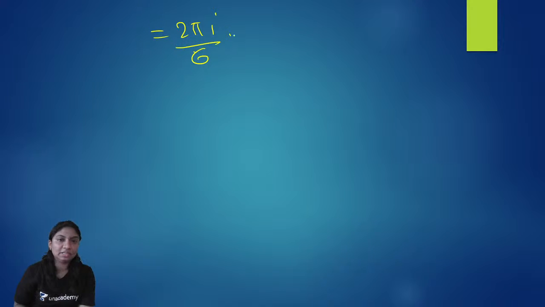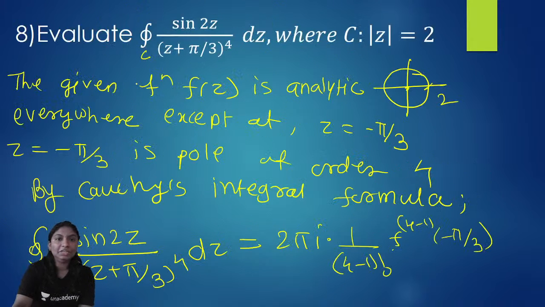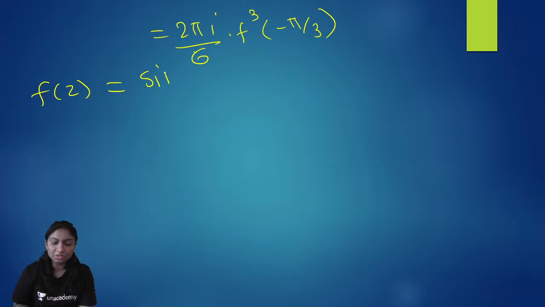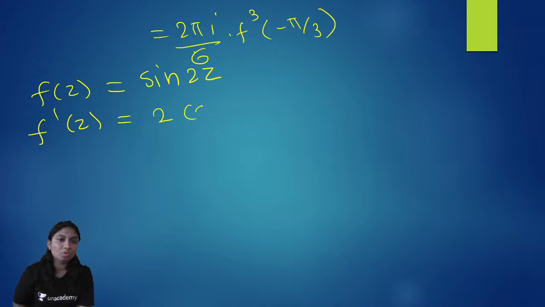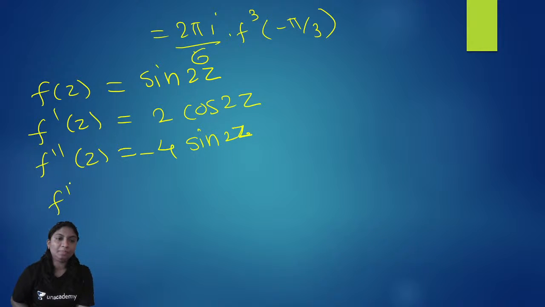So here f of z is equal to sin 2z. F dash of z is equal to 2 cos 2z. F double dash of z is equal to minus 4 sin 2z. F triple dash of z is equal to minus 8 cos 2z.